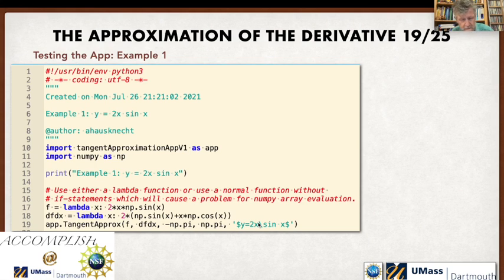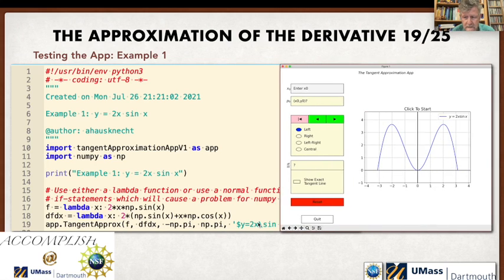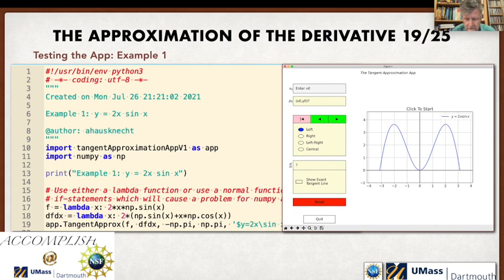Here I'm passing in some LaTeX. Here's the result of running this short application. You can see the functions plotted and it's labeled, and you could go and use all the tools as I've shown in another demo.